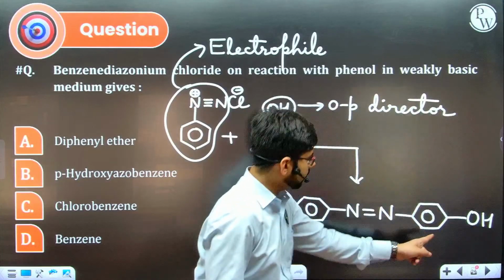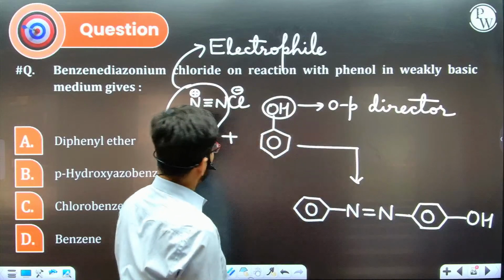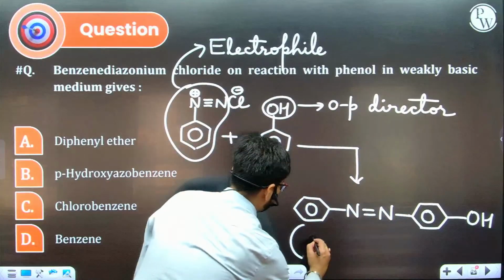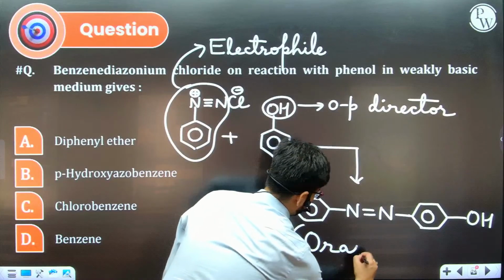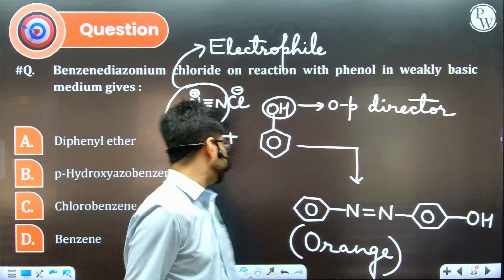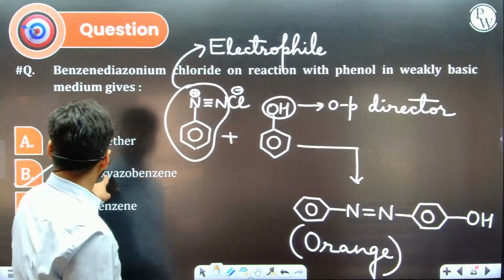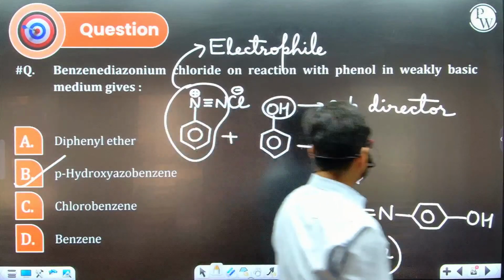So clearly you can see that with respect to OH, at the para position I have attached this electrophile, right? So this is orange in color. This is called para hydroxyazobenzene. So option B is correct. Para hydroxyazobenzene. This is orange in color.